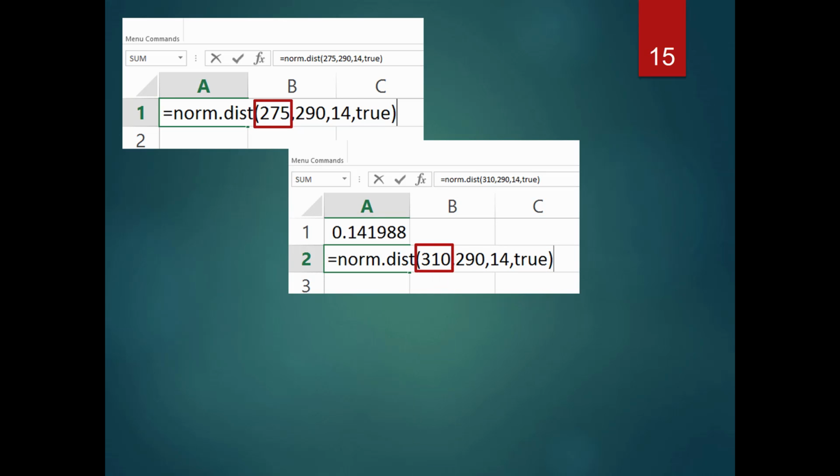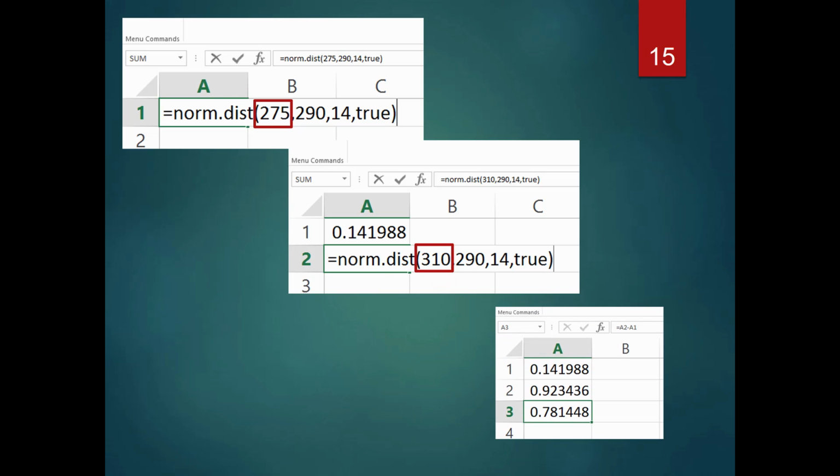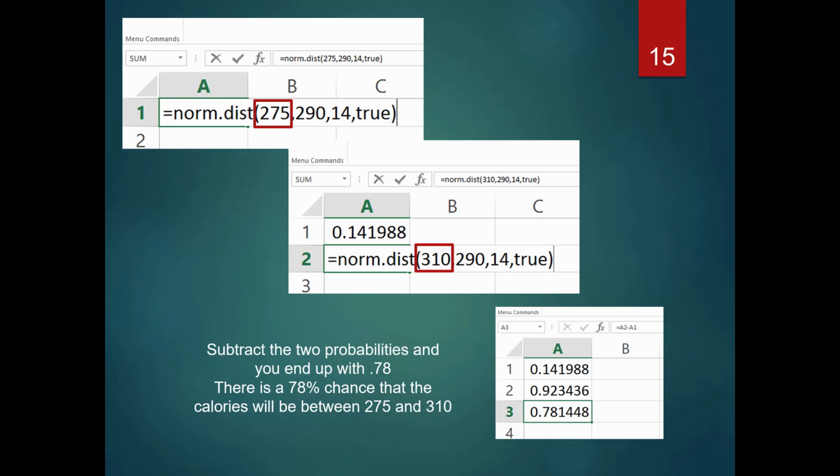Okay, do the same thing for 310 calories, and then just subtract them. Okay, so 92.3% minus 14.2%. And you get 78% chance that the calories will be between 275 and 310.